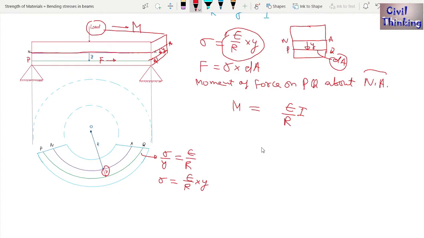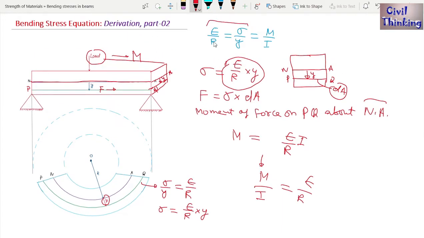So if we rearrange this, what do we get? Taking I down here, M by I is equal to E by R. Now in the first class we proved E by R is equal to sigma by y, right?